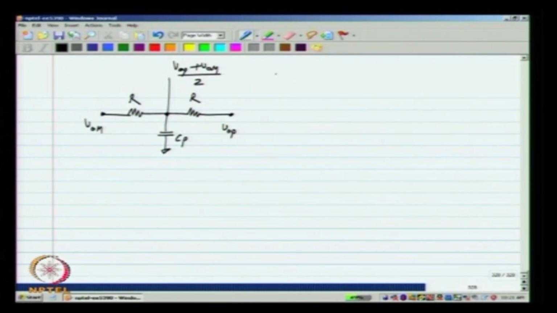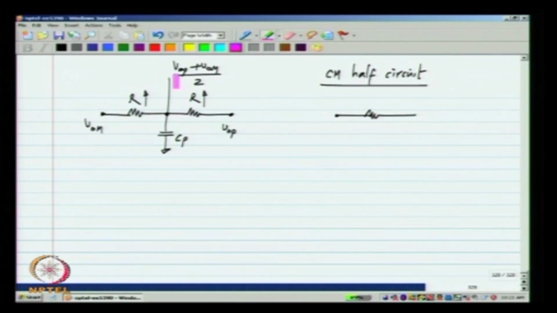Now, if you consider higher frequencies, let us say you go on increasing R just because you do not want to load the circuit. What happens is that in the common mode half circuit, let me draw the common mode half circuit of this. For that, I simply take, this is the line of symmetry, I simply take this side and fold it back on that side. So, I have a resistance R by 2 and Cp, and this is the detected common mode.